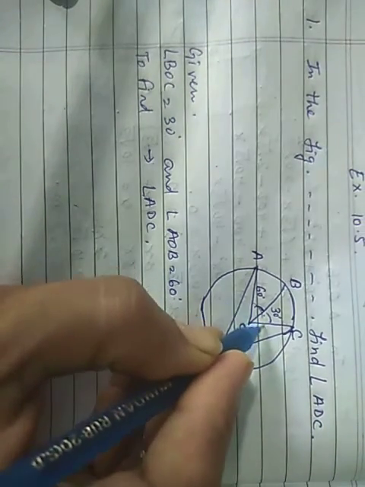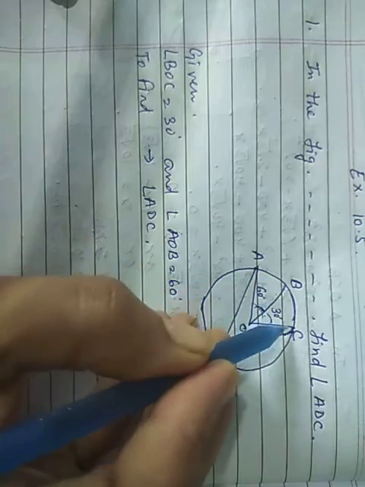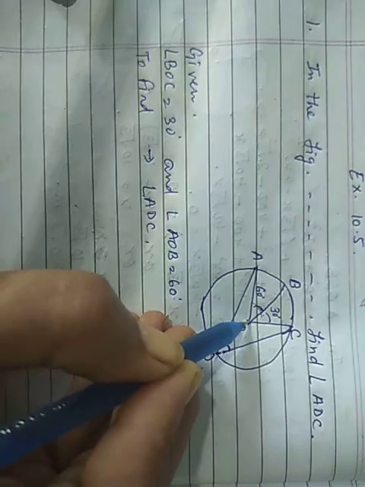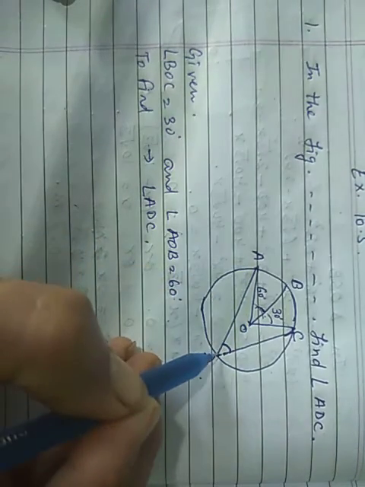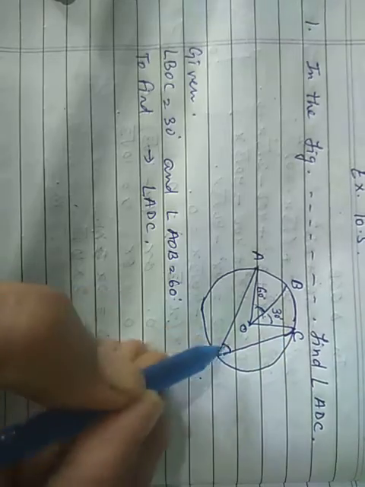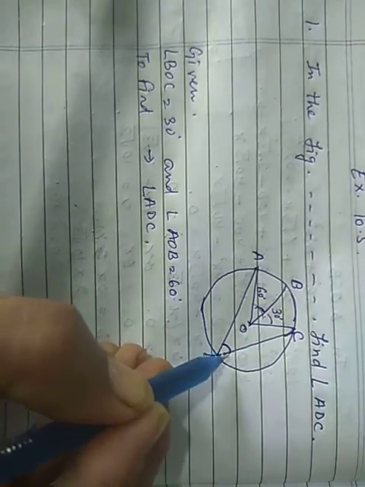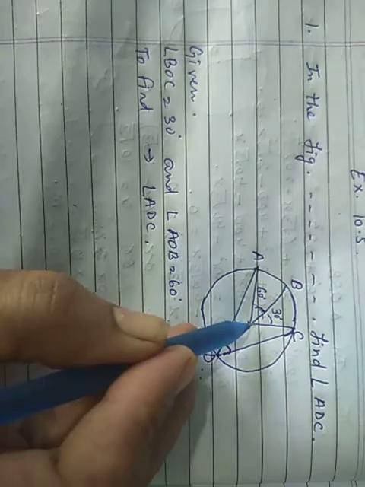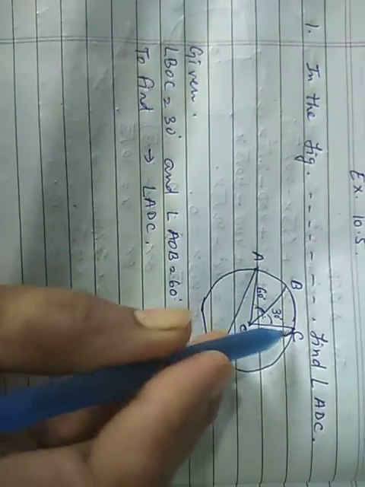First of all, we will find angle AOC. This is arc ABC. It is subtending angle AOC at the center, and at any point on the circle it is angle ADC. It means this theorem says that angle ADC will be half of angle AOC.